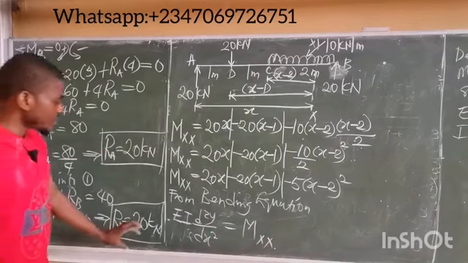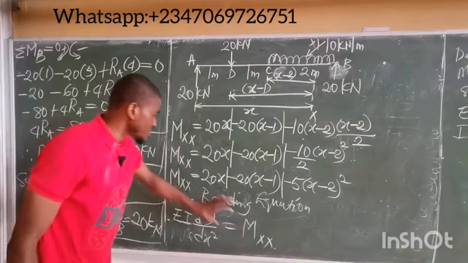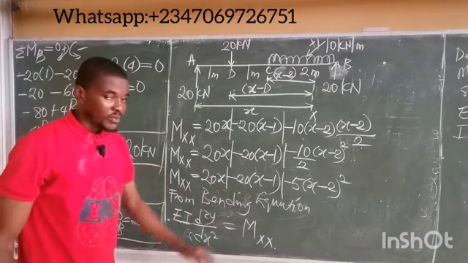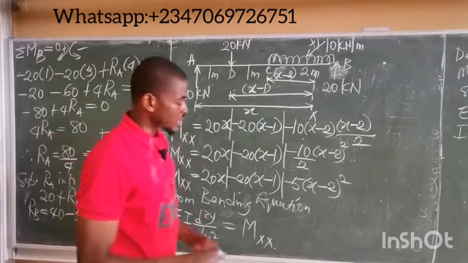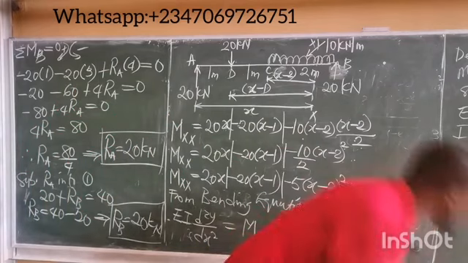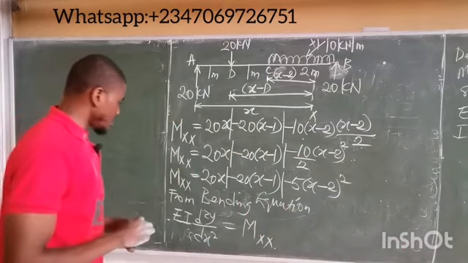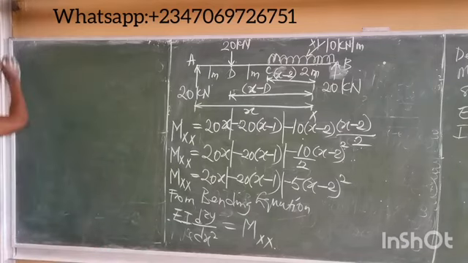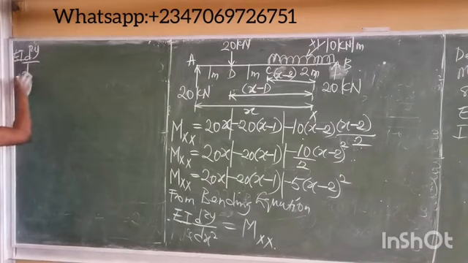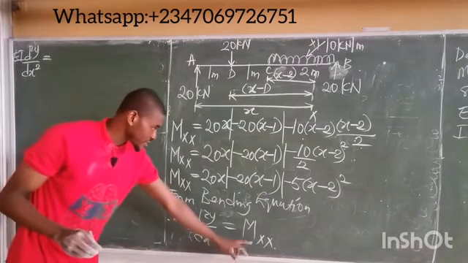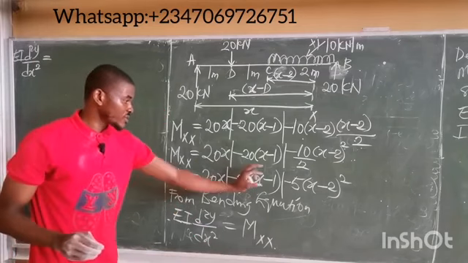So in place of this M_XX, we simply replace it with this value, and then we can integrate to find the slope equation and the deflection equation. So that simply means EI d squared y over dx squared is now equal to, in place of M_XX, we simply put in the value for this moment.